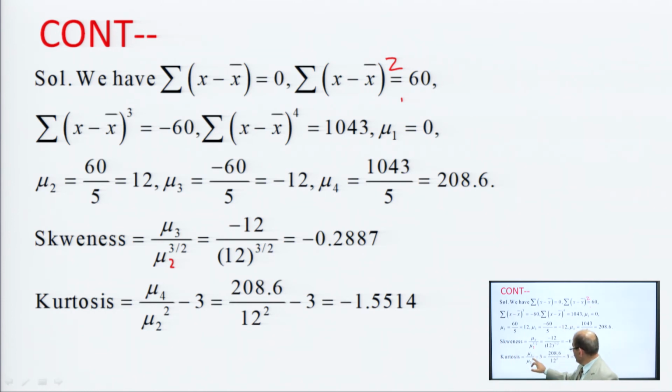Kurtosis is mu 4 by mu 2 square minus 3, where mu 2 is 12. This minus 3 is equal to minus 1.5514, so it is platykurtic, because it is less than 3, hence it is platykurtic.